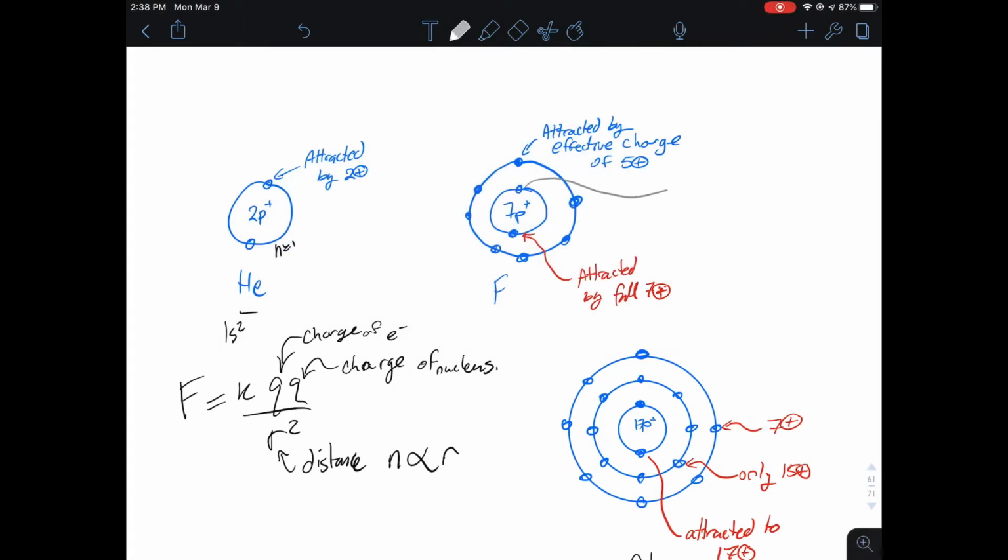But if we want to think about the force on these electrons now, their force is proportional to the 7 protons of the center, times this 1 electron, divided by the radius. Let's use 1, because the radius here is n equals 1, which is proportional to r. It's not an exact proportionality. Don't ever think that the radii are like 1, 2, 3, 4 angstroms or anything. It's just that we can use it as a placeholder.